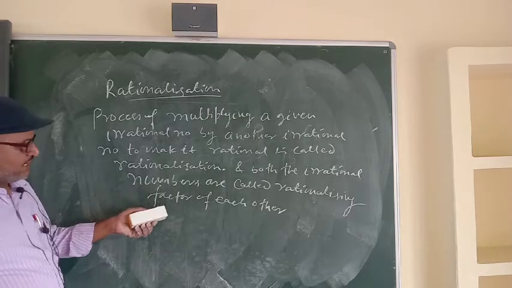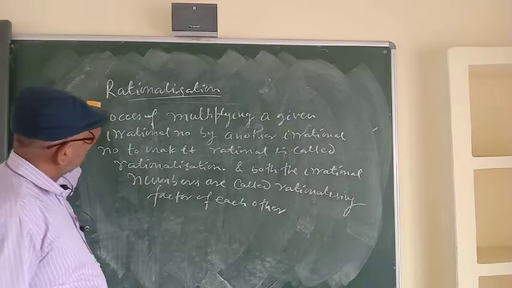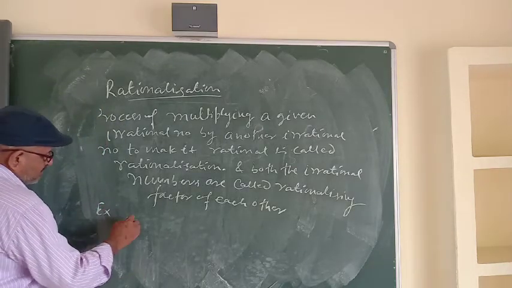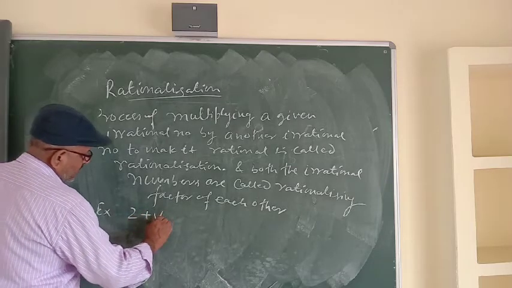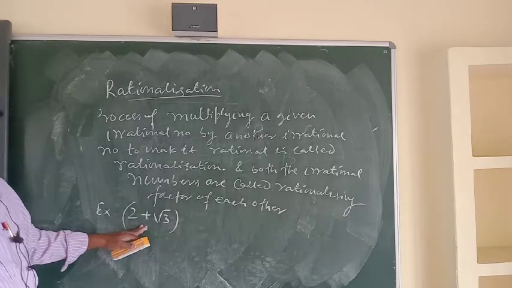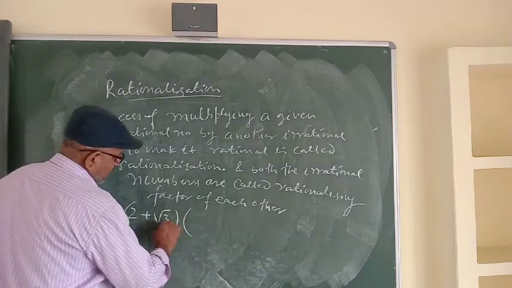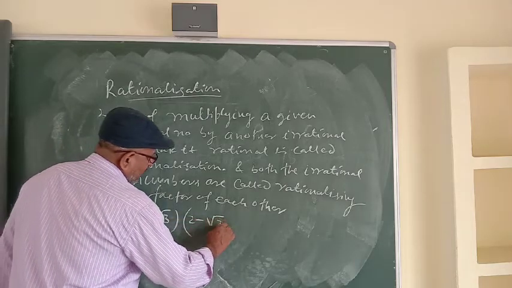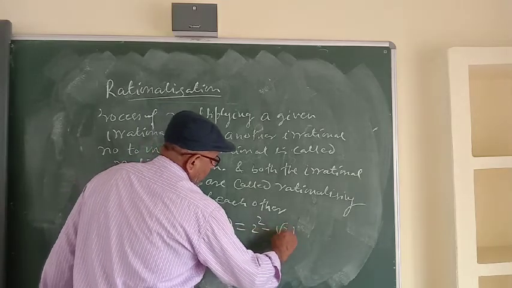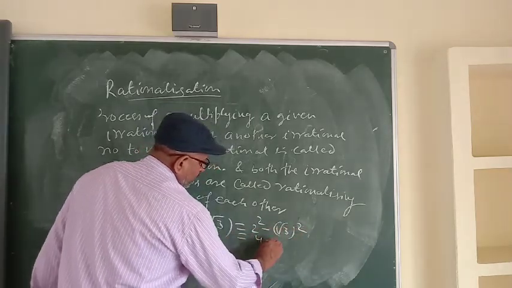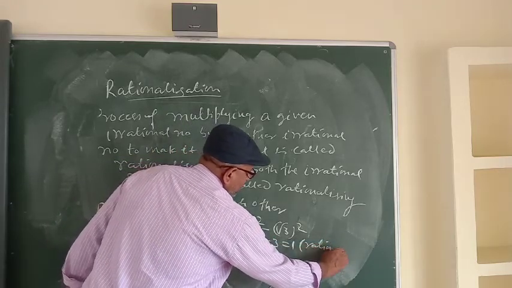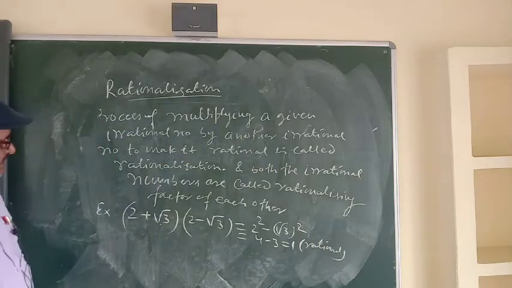We will try to understand with the help of one example. Suppose 2 plus root 3 is one irrational number. We have to make it rational, so we multiply it by 2 minus root 3. What do we get? 2 squared minus root 3 squared, which is 4 minus 3, that is 1. 1 means rational.